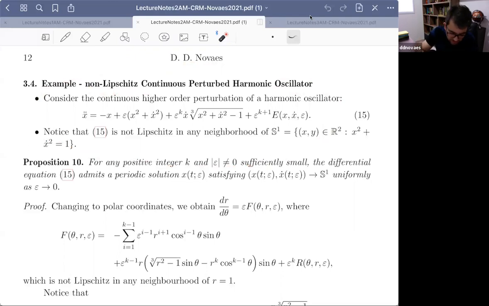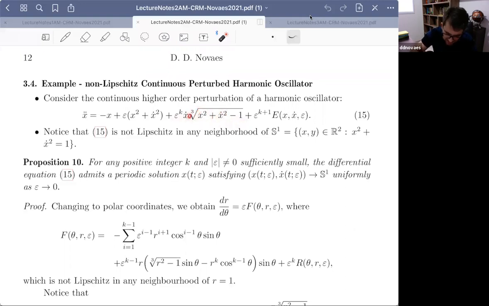Okay, so here we consider x double dot equals minus x plus a first order perturbation, epsilon times x squared plus x dot squared, plus a k-th order perturbation. Okay, so epsilon to the power k multiplies x squared and multiplies this function, which is a non-Lipschitz function. It's the cubic root of x squared plus x dot squared minus 1.